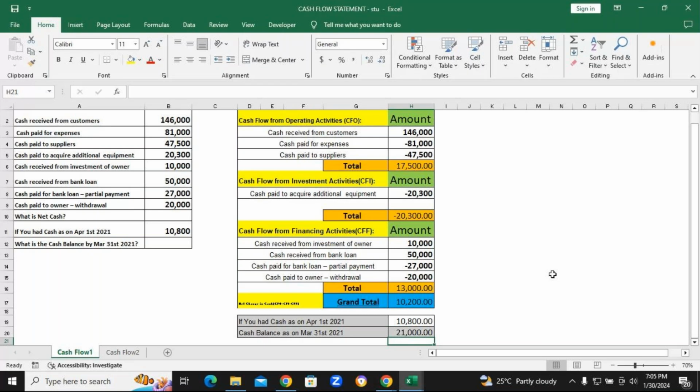So you need to be clear about what is CFO, what is CFI, and what is CFF, in order to calculate the cash flow. If you are able to bifurcate and put the line items in the appropriate place, it will be easy for you to solve it.